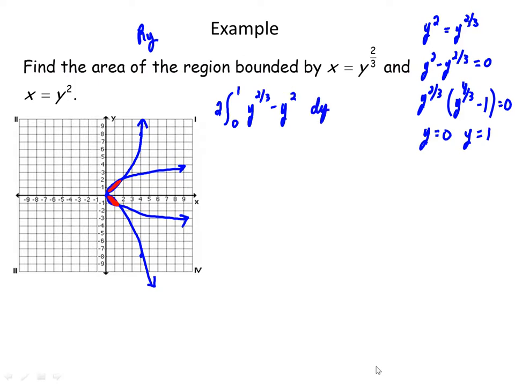So you have dy. Now, could you have done an r sub x region? Sure. You would have just had to take those and solve them for y. Take your equations, solve them for y, set them equal to each other, and gone that way.